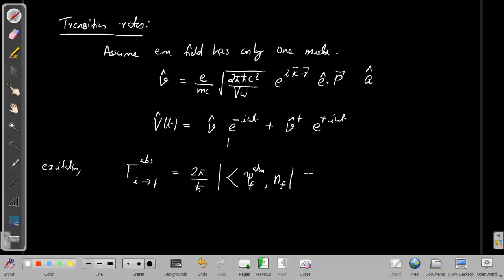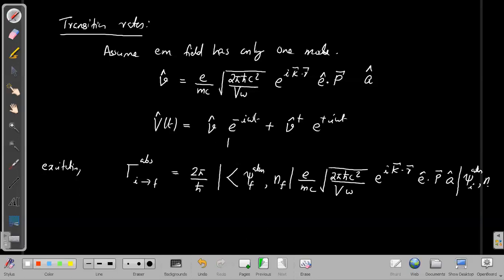Then the V takes the form e by mc, square root of 2 pi h cross c square by V omega, e raised to i k dot r, e dot p, annihilation operator, then psi I atom comma Ni, mod square, then the Dirac delta function EF minus EI minus h cross omega.